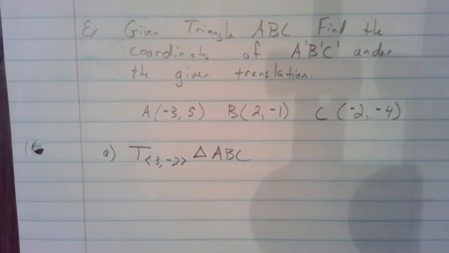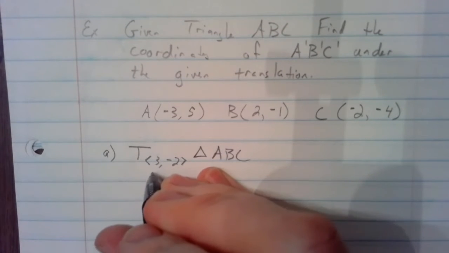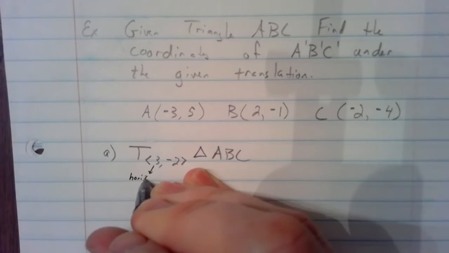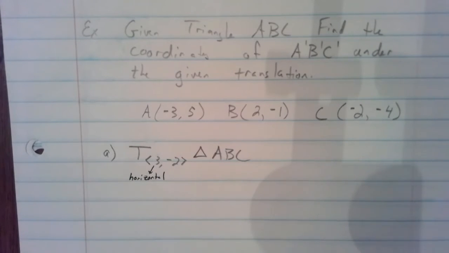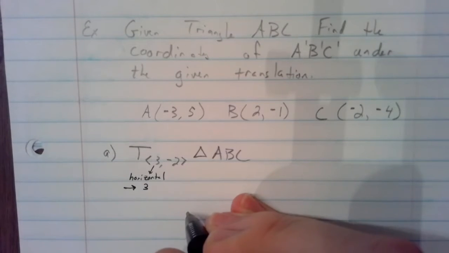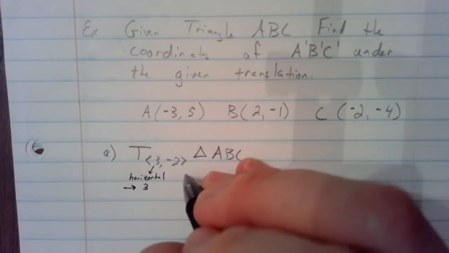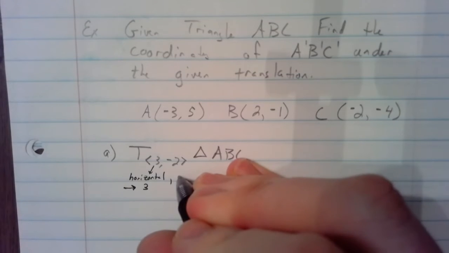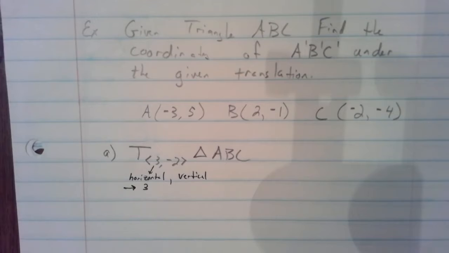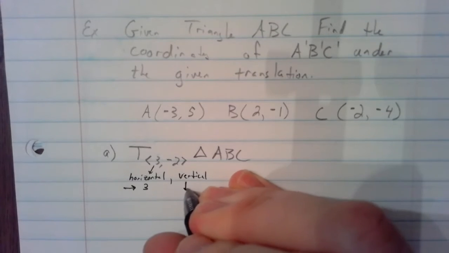So again here, we recognize that this is horizontal. Because it's positive, it's going to move to the right 3 spaces. This part is vertical. Because it's negative, it's going to move down 2 spaces.